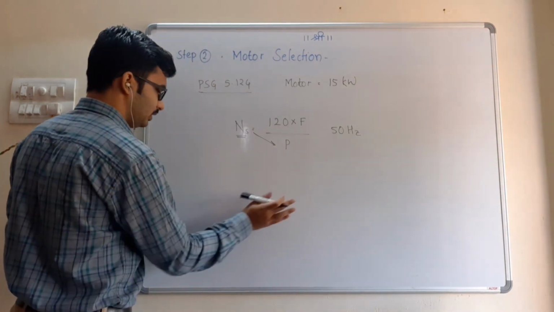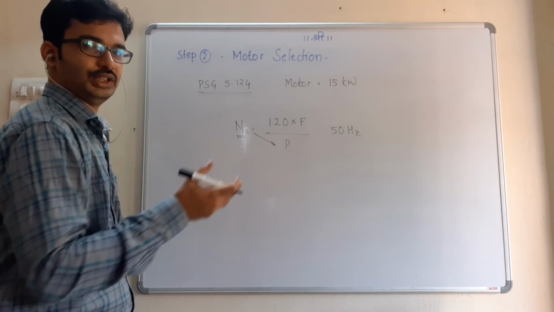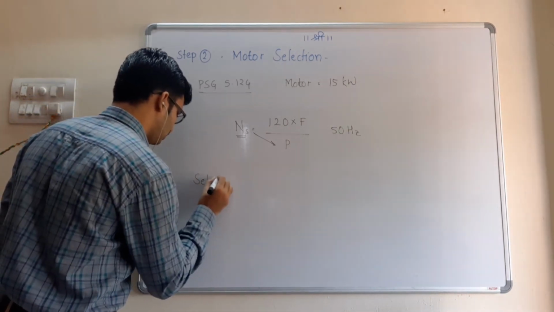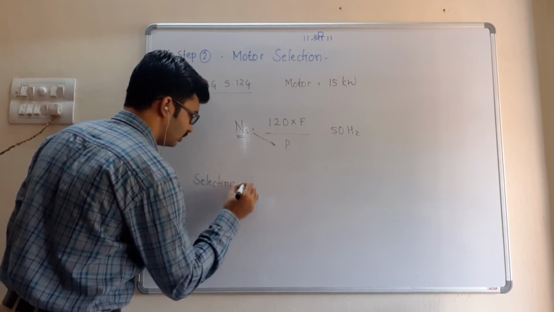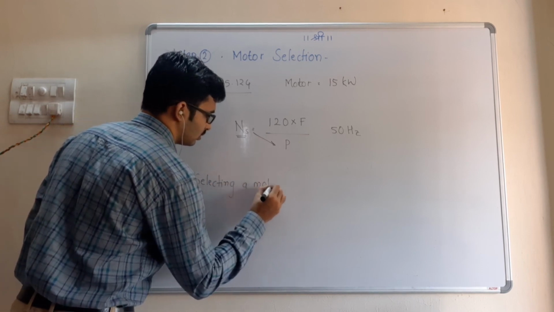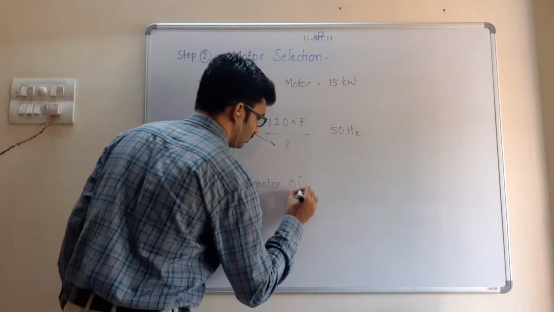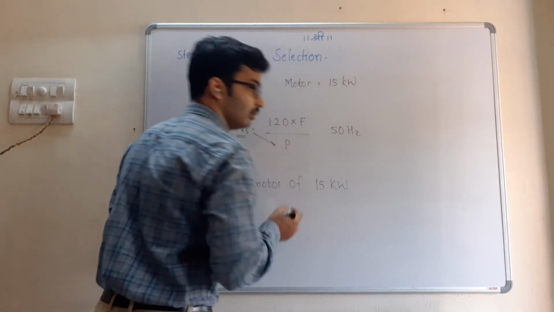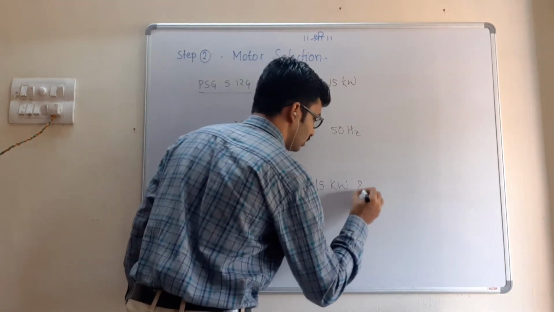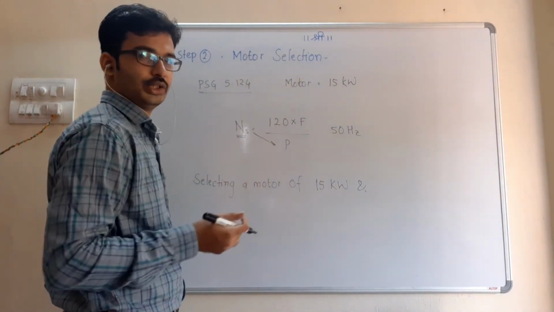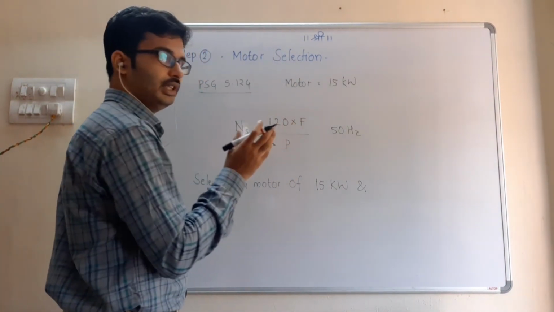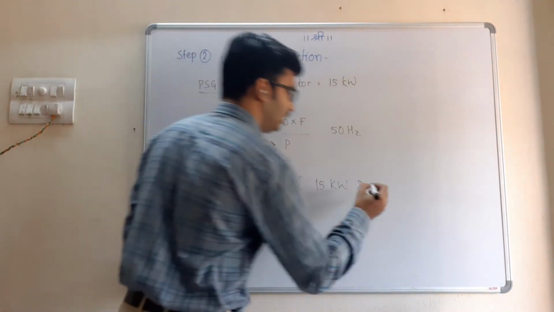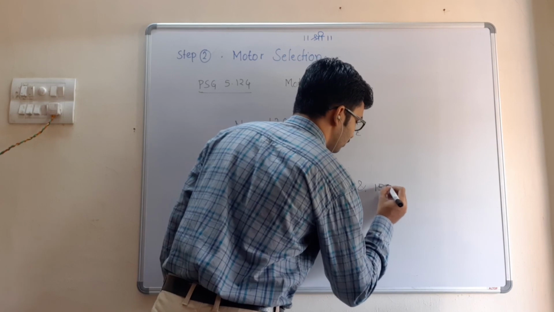So we will consider all these factors and we will select. Thus, selecting a motor of 15 kilowatt, and we will consider the moderate gear ratio, which is related with 4 poles, and the RPM will be 1500 RPM.